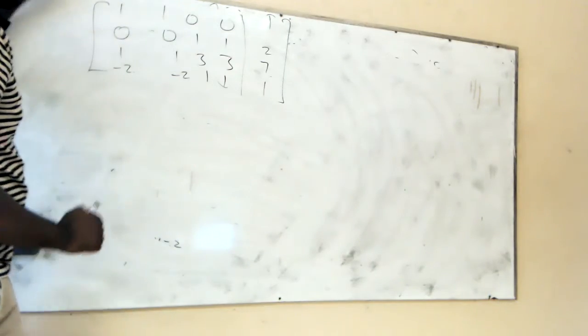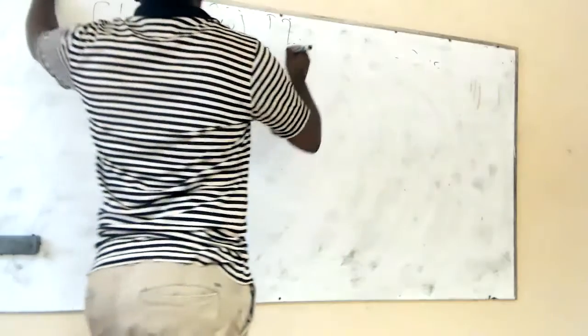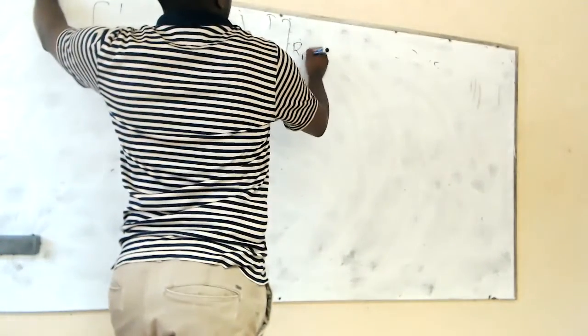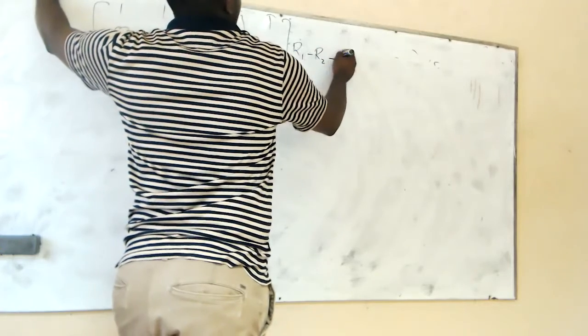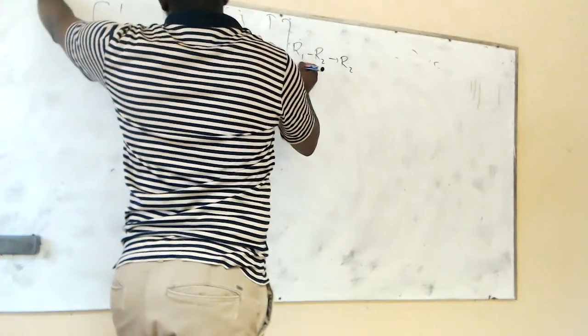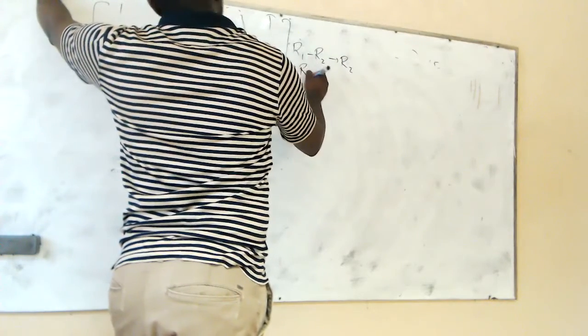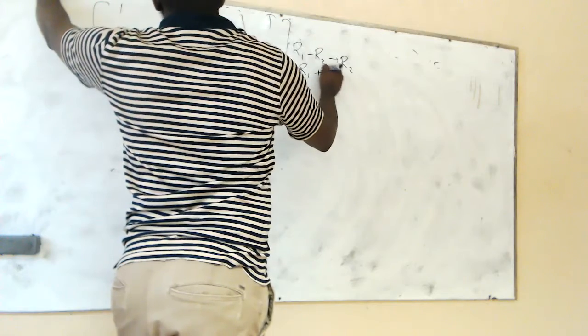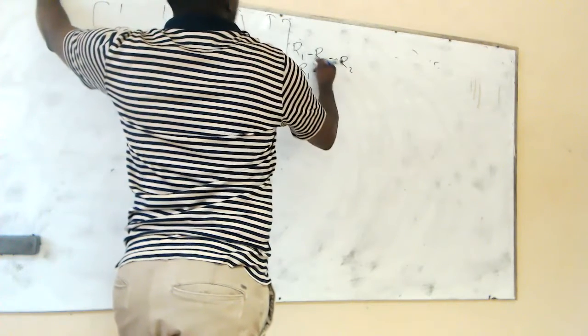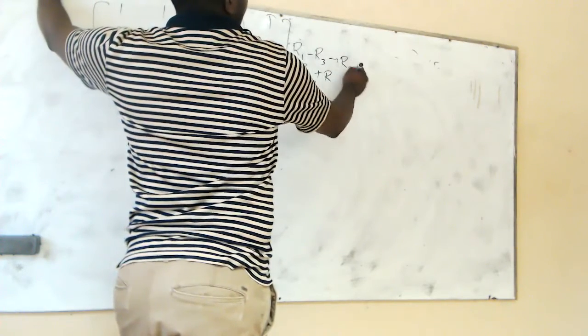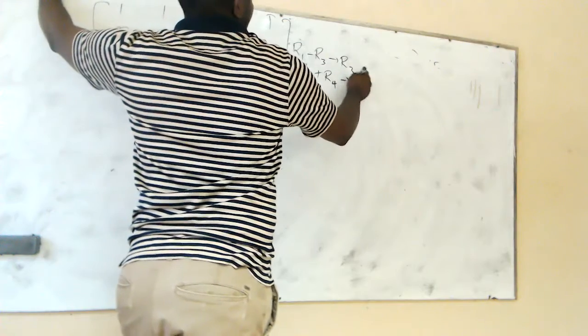So we start with these zeros, which you can obtain by saying row number 1 minus row number 2 must give you row number 2. And then row number 1, you multiply by 2 and add it to row 3. Then this is row 4, it must give you row 4.